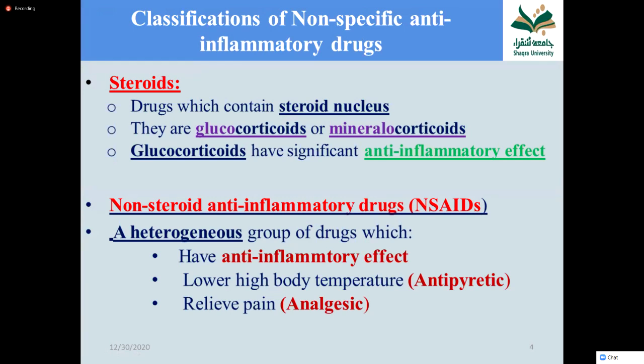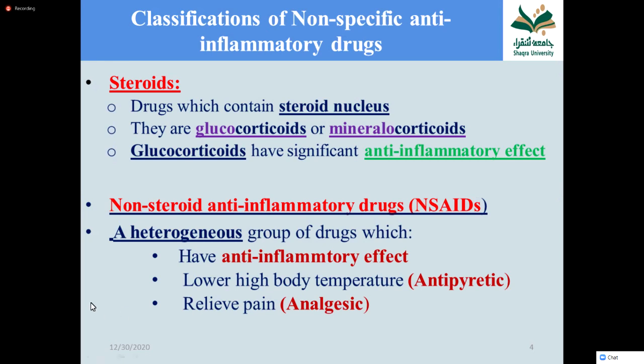So first, these are classified, based on their chemistry, into steroids and non-steroids. The steroidal drugs have a steroidal nucleus, which is the cyclophenanthrene ring, and they are further classified into glucocorticoids or mineralocorticoids.